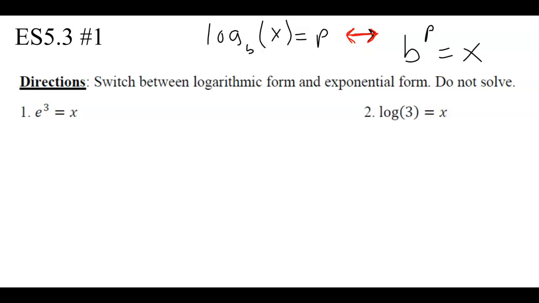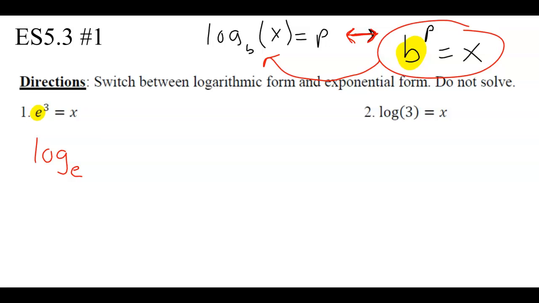Okay, so if we're switching between forms, number 1 is currently an exponential, so we need to go backwards and convert it into a log. So all we do is log base B, and B is the base of the exponent. In this case, that's E. So log base E of, and then X is the number on the other side.